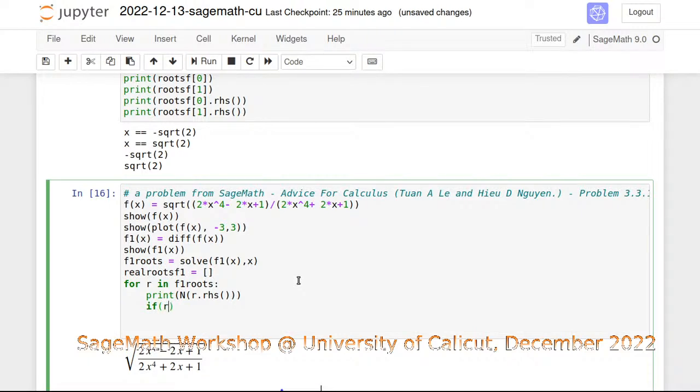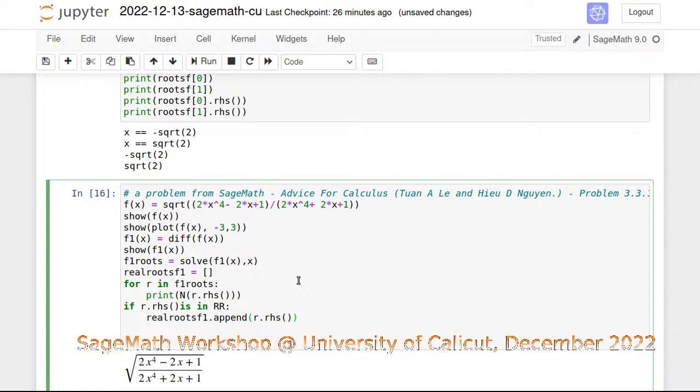If R is in RR, which essentially means that R is a real number. Sorry, that's not the correct thing. This is in RR, that's correct. If R.rhs is in RR, we will push that root to the real roots list.